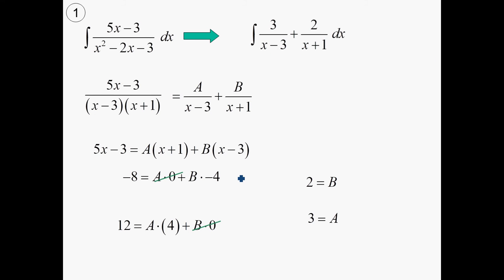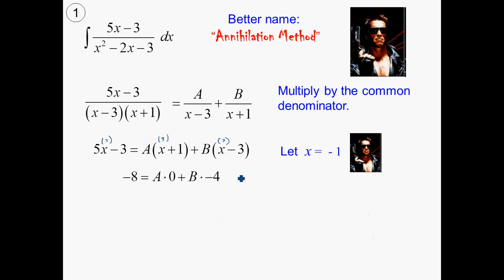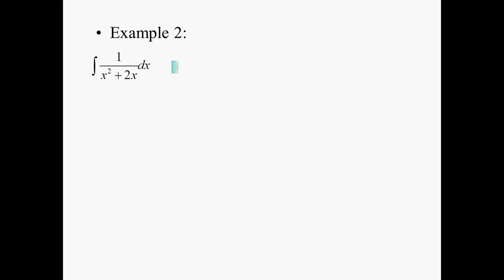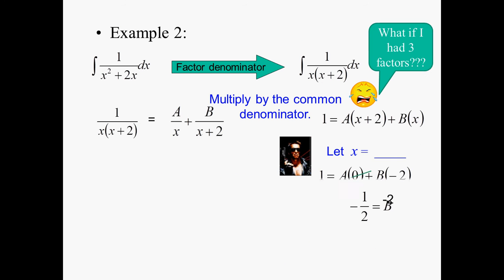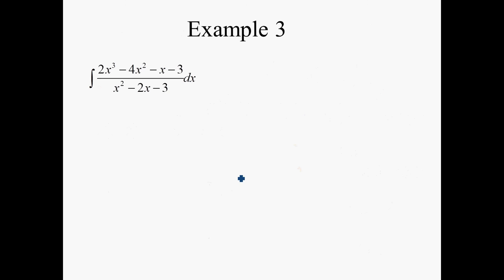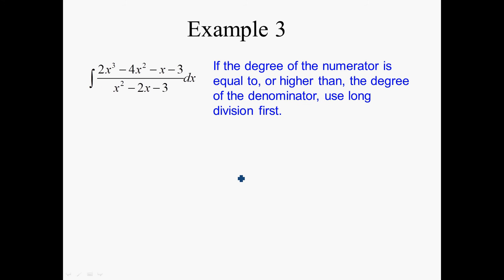The degree of the numerator compared to the degree of the denominator. What about this one? If the degree of the numerator is equal to or higher than the degree of the denominator, you guys are the worst.